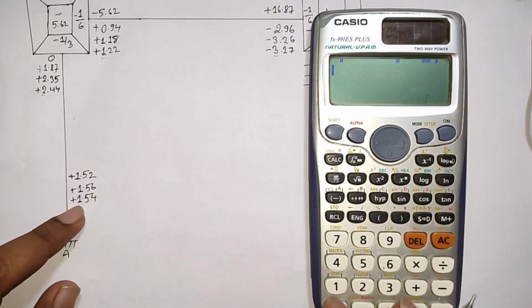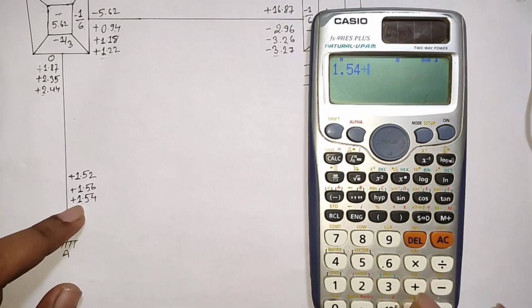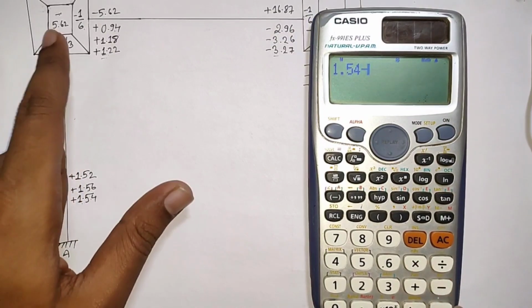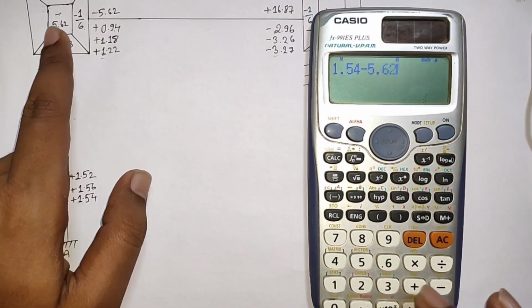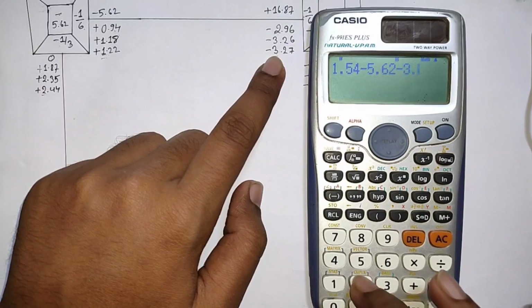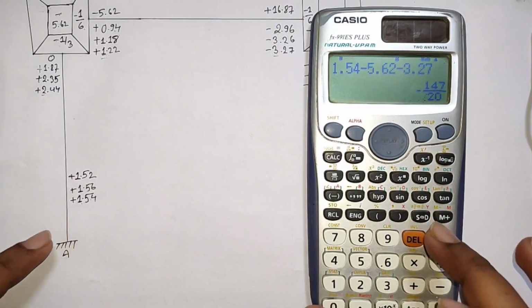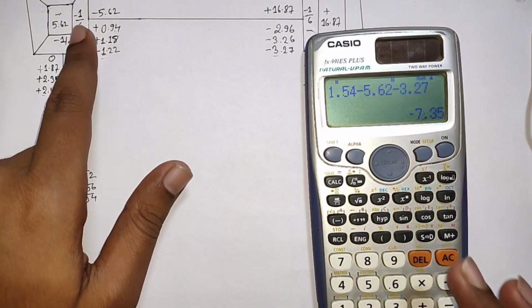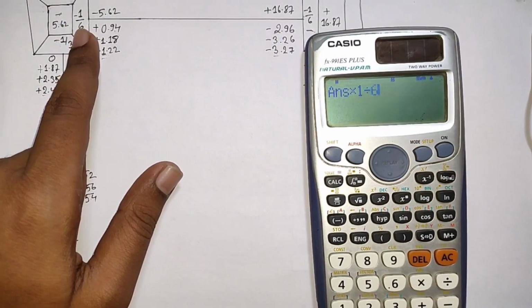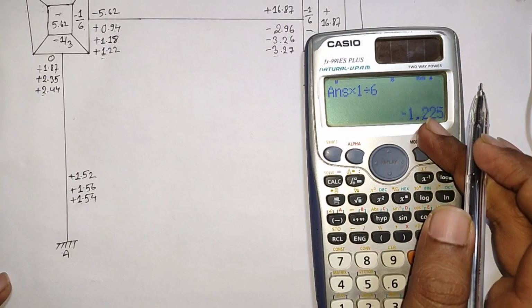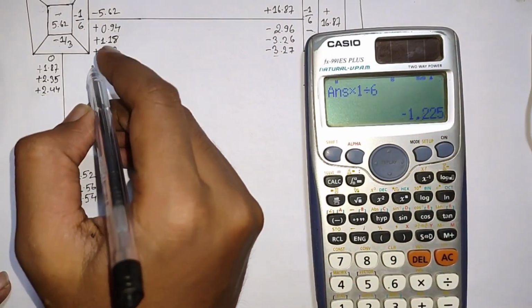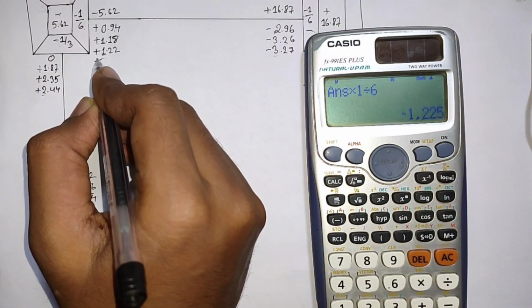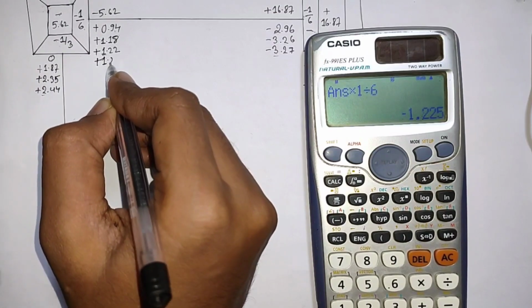So add it here, 1.54 minus 5.62 minus 3.27. Now we have added these three values, we have got 7.35. Now multiply this with factor times 1 by 6.